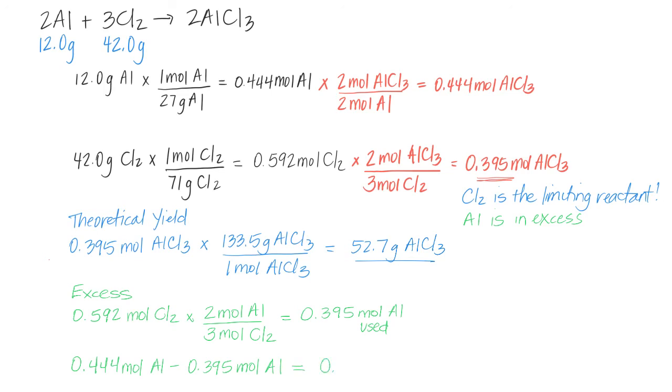And we end up with 0.0490 moles of aluminum in excess. And if we want a mass, all we need to do is convert those moles back into grams using the molar mass of aluminum. So we end up with 1.32 grams of aluminum remaining.